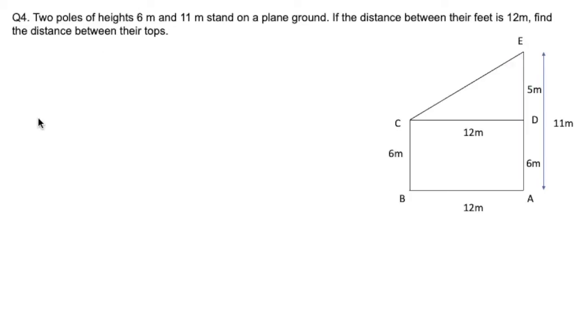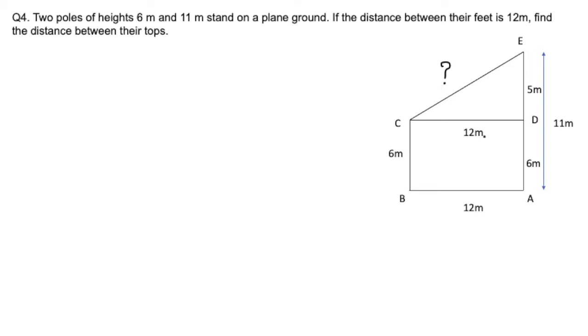Now let's move on to question number 4. Two poles of heights 6 meters and 11 meters stand on a plain ground. The distance between their feet is given as 12 meters and we are supposed to find the distance between their tops. That means we are supposed to find the value of CE in this case. Like I have told you, it is very important to represent all the questions with the help of a diagram.